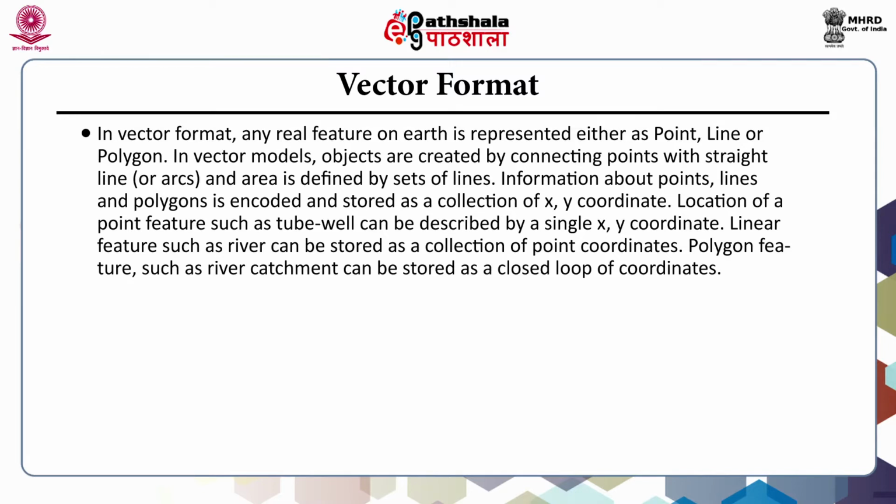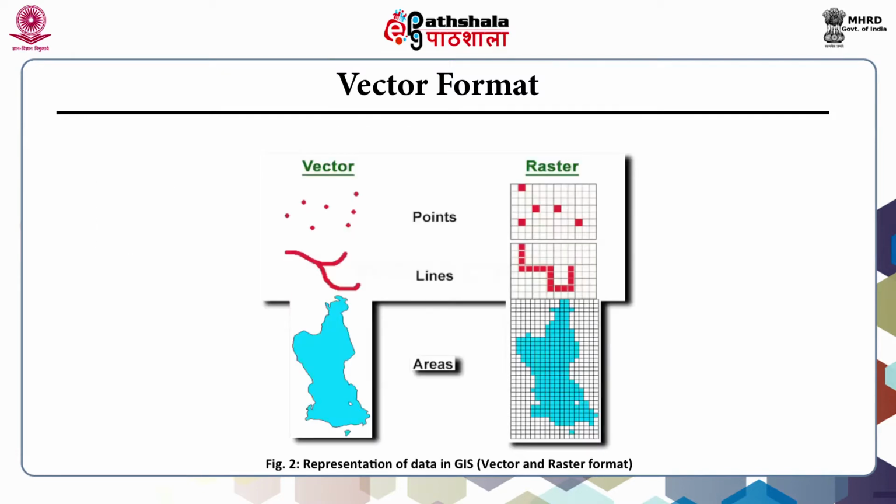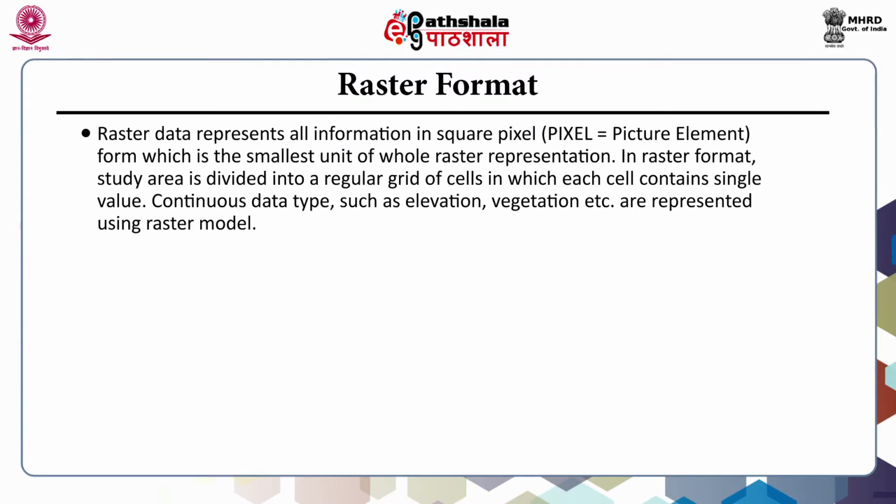The location of a point feature such as a tube well can be described by a single xy coordinate. Linear features such as a river can be stored as a collection of point coordinates. Polygon features such as a river catchment can be stored as a closed loop of coordinates. In slide 14, this figure shows the different ground features in the vector format, that is either as point, line, or polygon.